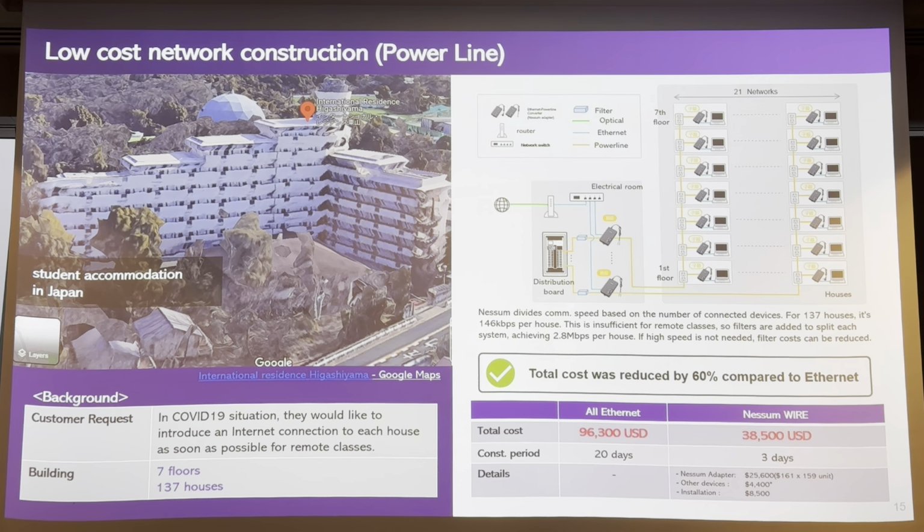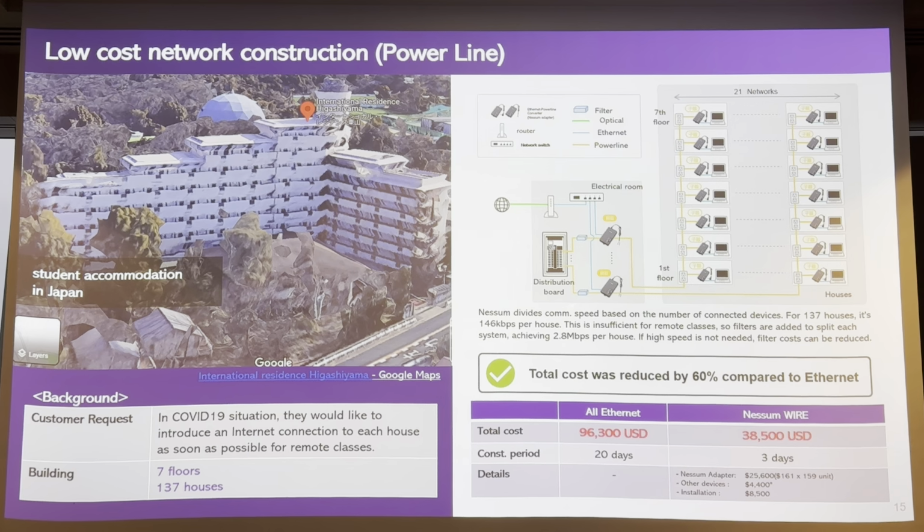This example was made in the COVID-19 situation. They would like to introduce internet connection to each room as soon as possible for remote classes. This building has 7 floors and 137 rooms.